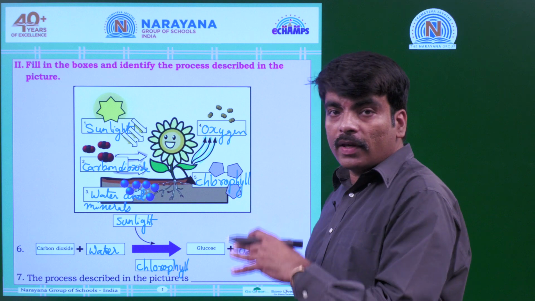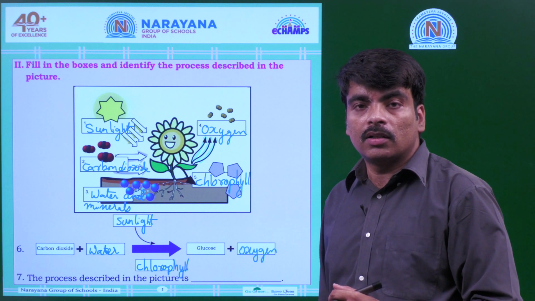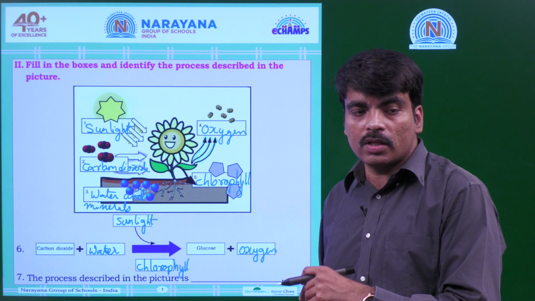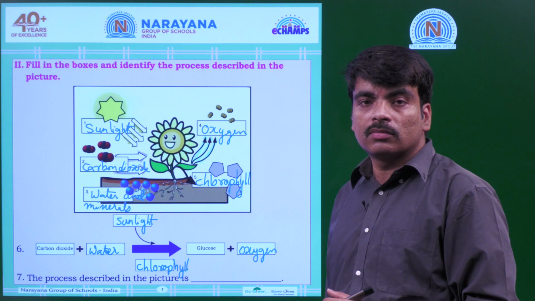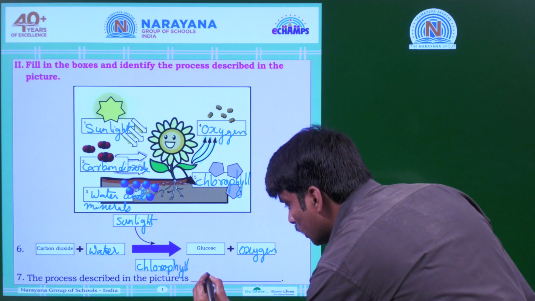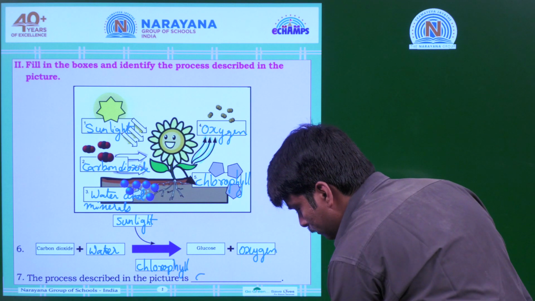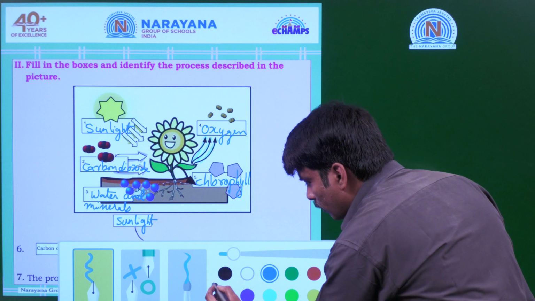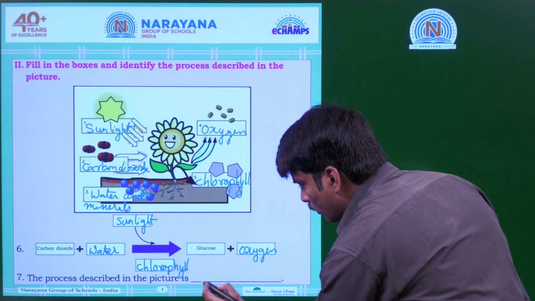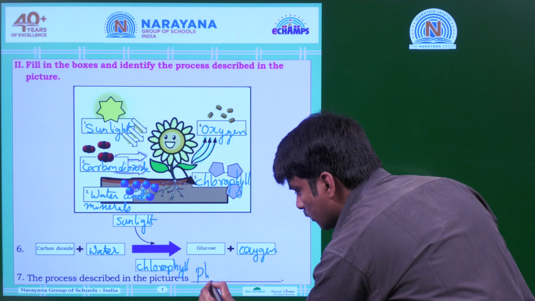Now, can you identify the process taking place here? Do you know what process we are discussing and what is happening in the picture given here? Yes, it is nothing but photosynthesis.